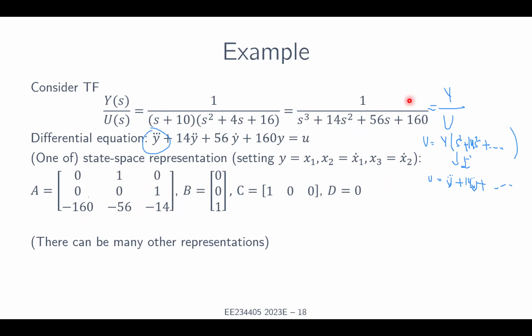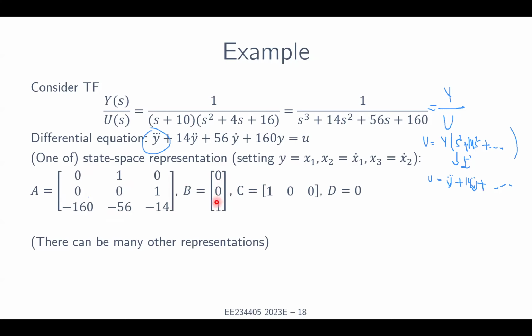So if you have, for example, 1 and s squared plus 14s squared plus 56s plus 160, 160 becomes minus 160 because it is switched to the right, and 56 becomes minus 56 and so on. So there should be a simple way to obtain the matrix and vectors of the state space representation.